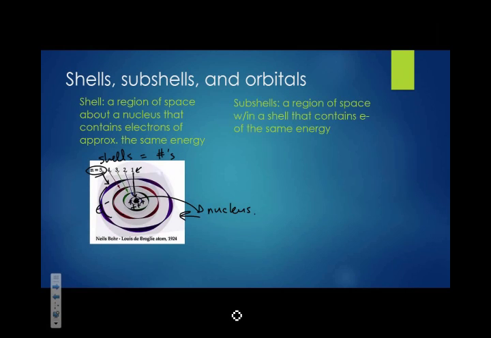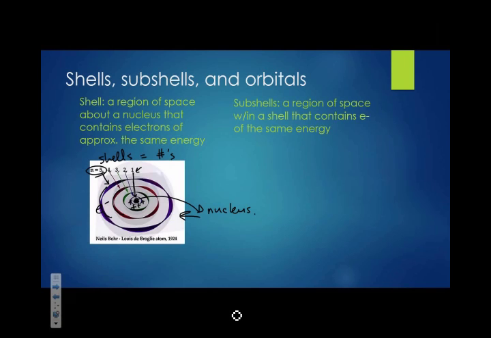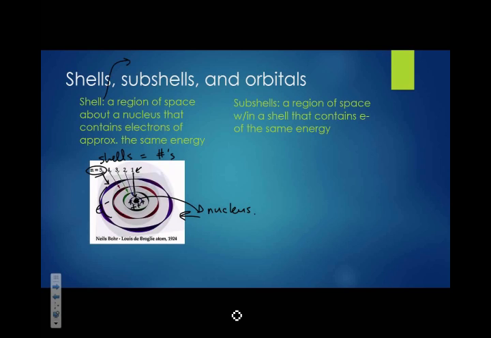All right, within those shells, there are subshells, and they are a region of space within the shell that contains electrons of the same energy. So a shell can, depending on which shell we're talking about, contain multiple types of subshell.